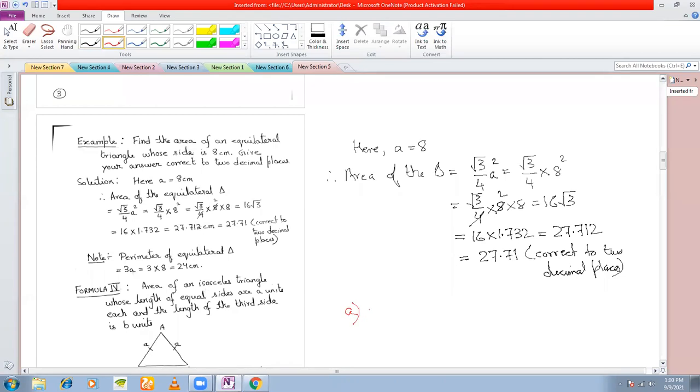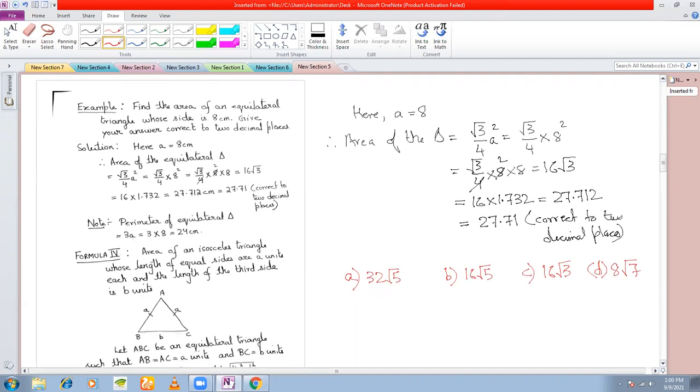First option I give you as, second option I give you as, third option I give you as, and the fourth option I give you as, right? These are the 4 options I give you. So will you actually do all this to get your answer as 16 root 3 and take this option?